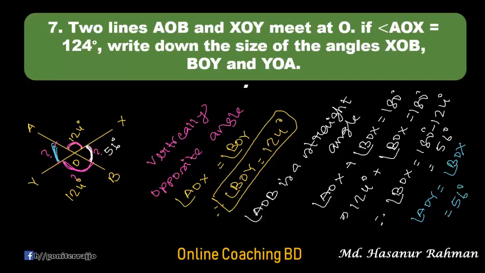Since the value of BOX is 56 degrees, the answer of angle AOY should also be 56 degrees. In that way, we can find out all of these problems. So angle BOY is 124 degrees, angle BOX equals 56 degrees, and angle AOY equals 56 degrees.